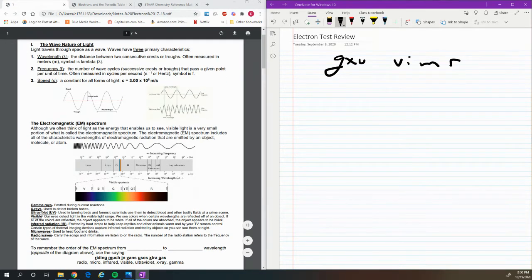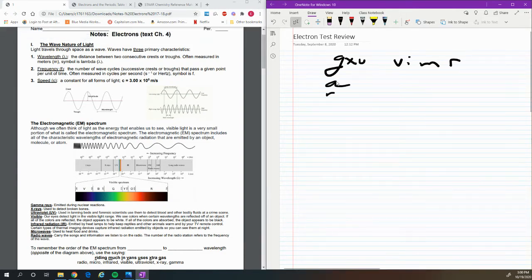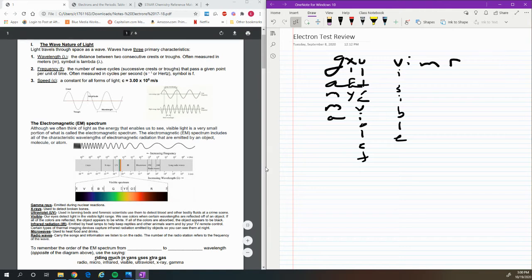So Weimer, where the first one is gamma having the highest, X-ray being less high. Then we have ultraviolet. Then you've got visible, that's the one that we can see, so our color range from black to blue, green, yellow, red, purple.